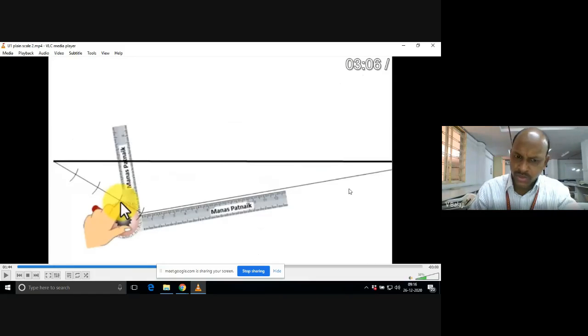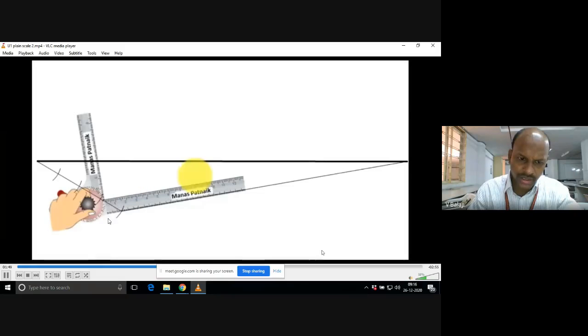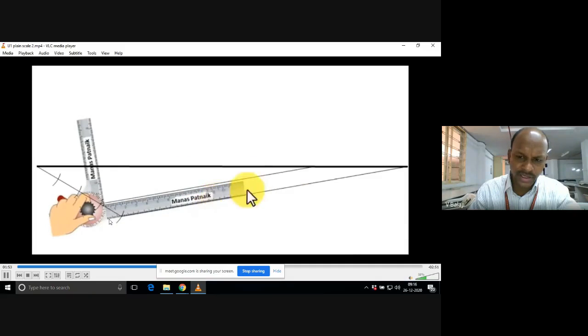Then you need to join the last arc to the other end of the line, match your mini drafter scale to that line, tighten the mini drafter knob, and draw parallel lines from every arc. In this way you can divide the given length of 15.2 centimeter into 4 equal parts.